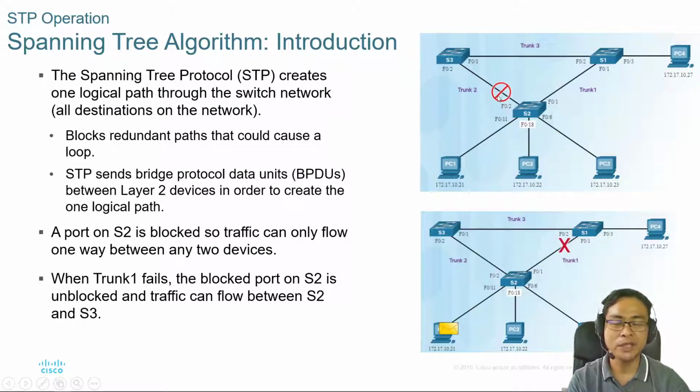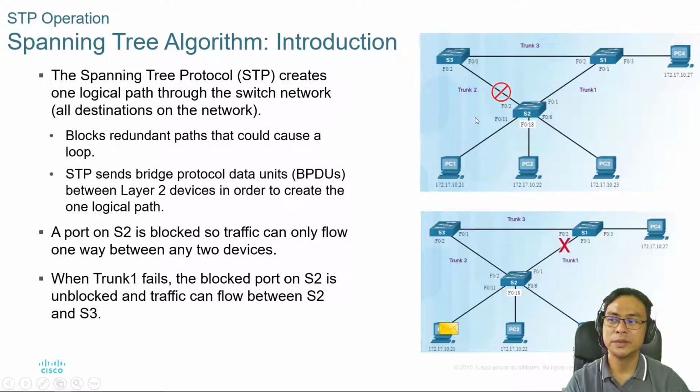Kaya lang merong basehan yan. They are computing all of the values, or comparing, should I say, comparing yung mga values to determine kung sino yung magiging root bridge natin, saan yung mga root ports, designated ports, etc. Alternate port. Mamaya pag-uusapan natin yon.